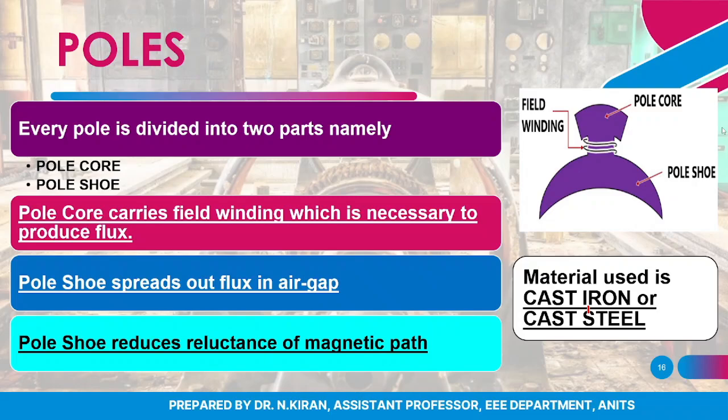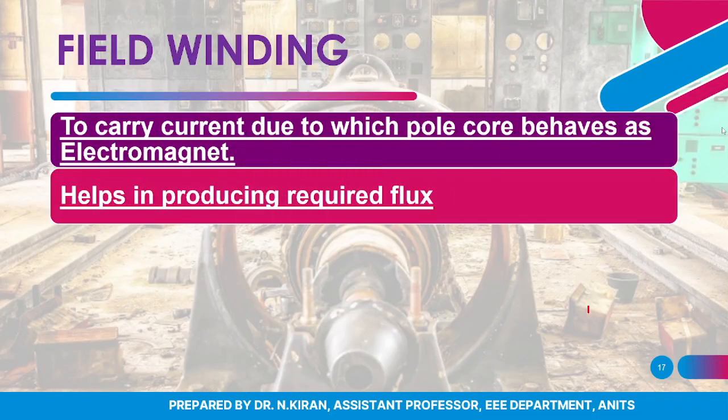The material used is cast iron or cast steel. Coming to the field winding, its main function is to carry the current due to which it can behave as an electromagnet. And the second function is that it helps in producing the required flux.